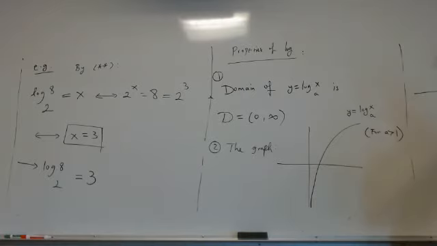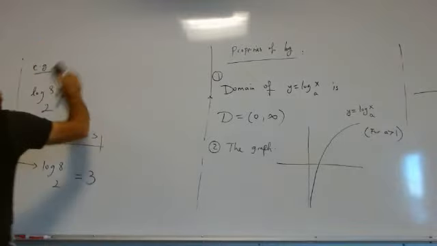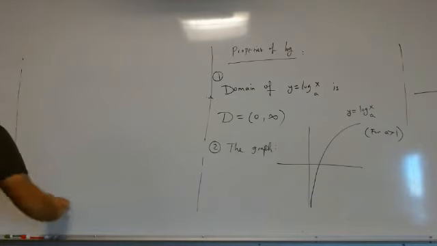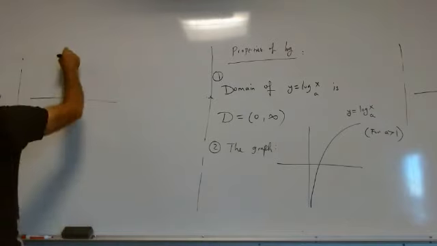And it looks like this if a is between 0 and 1. So you don't see this one, so let's see. In the case that a is between 0 and 1, the graph would look like this.